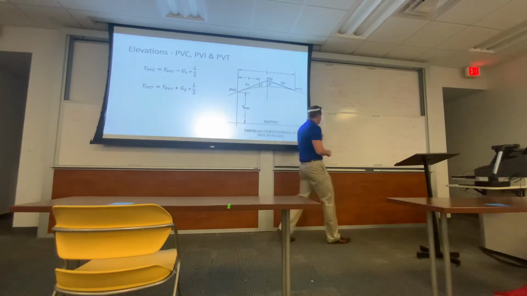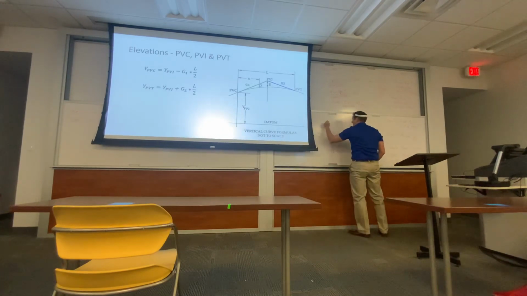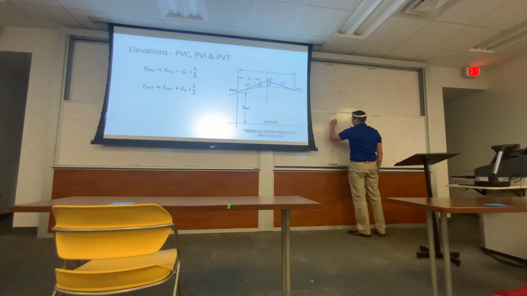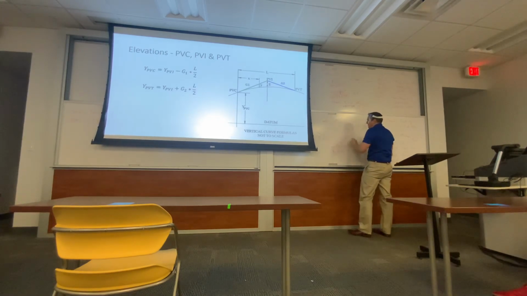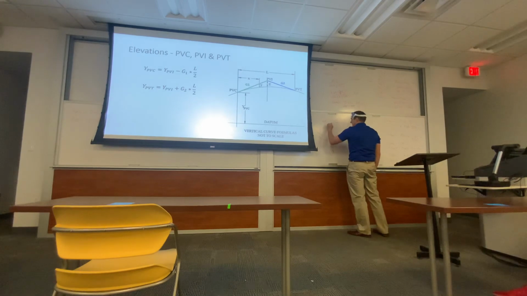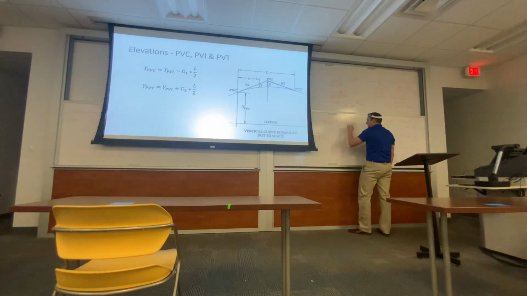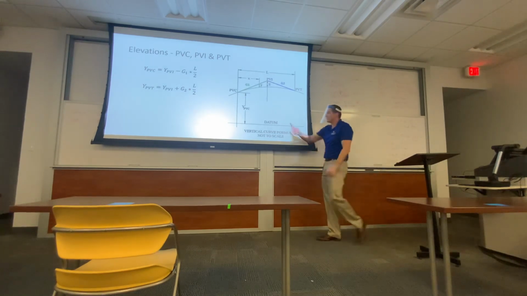If you think about it as a triangle, where this is PVI and this is PVC, and this grade equals G1, we're going back, this distance is 1/2 L, and we're subtracting out this distance here. That's what this equation is doing.